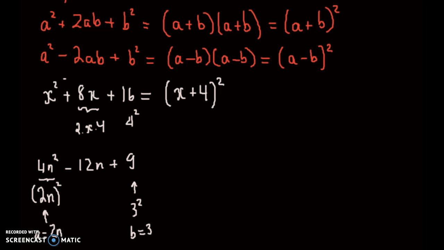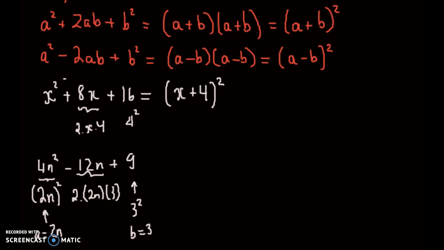Alright? So what happened here is that, how about 12n here? 12n would be equal to 2, which is always there, times a, which is 2n, times b, which is 3.